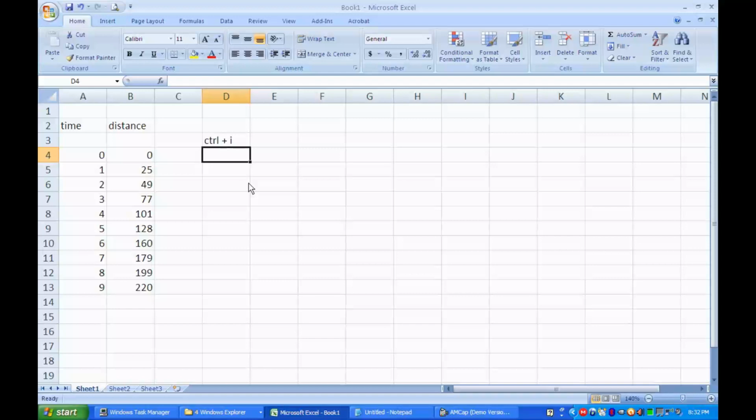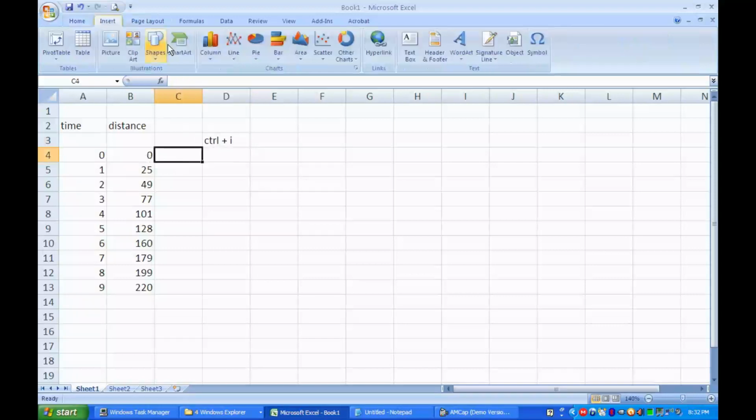I think it's like the fourth option in the list. That's the method I would recommend, Control I. So that's why I've written CTRL plus I, or as I like to say, Catarl. Now, in Excel, you would go to Insert, and you go to your graphs, and pick a scatter plot, something like that.